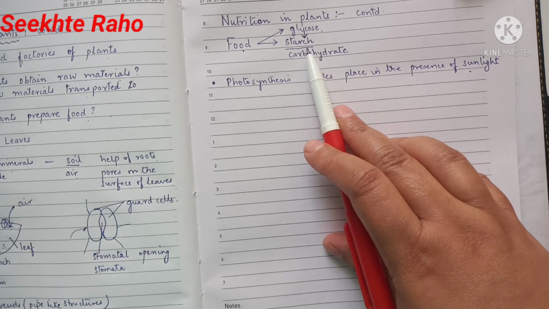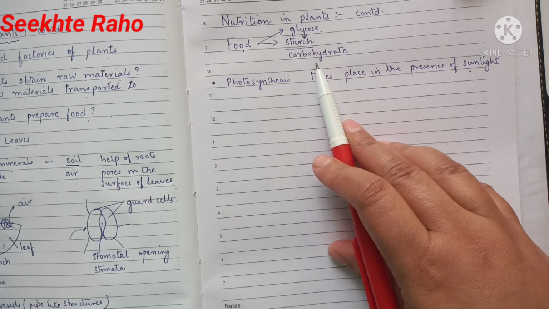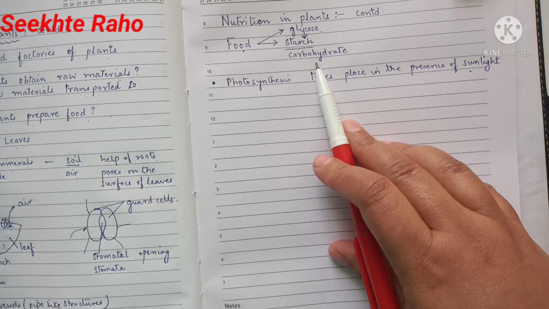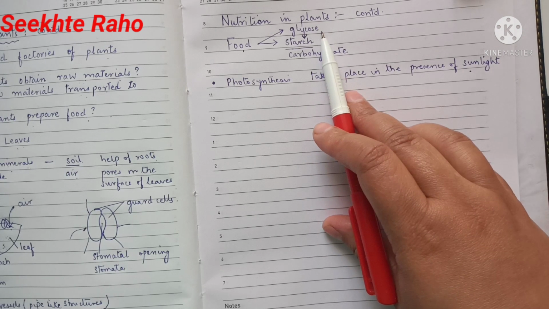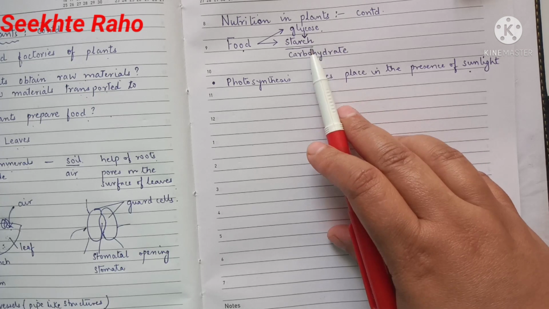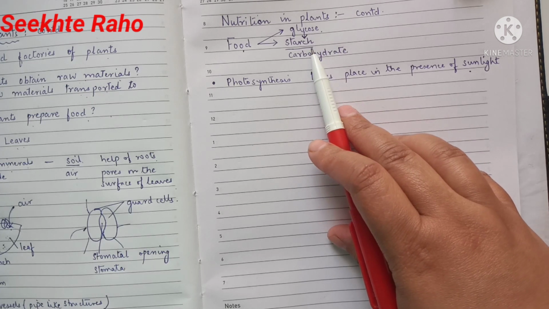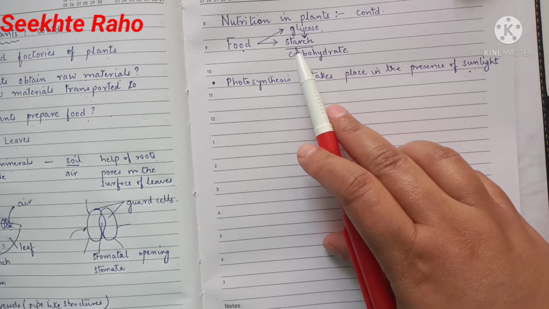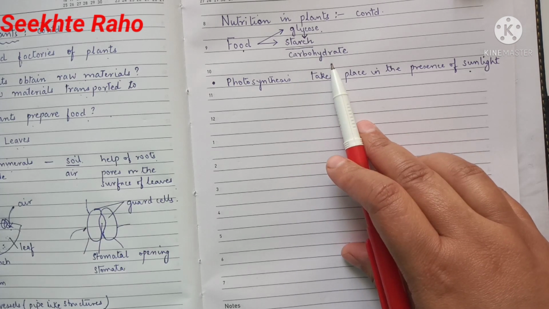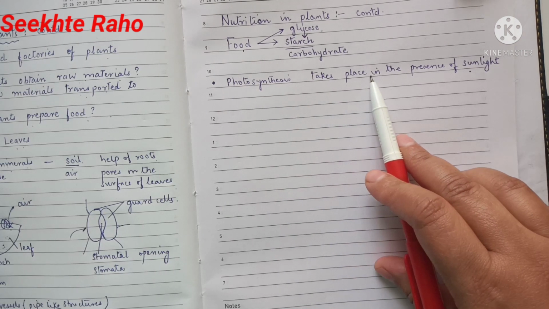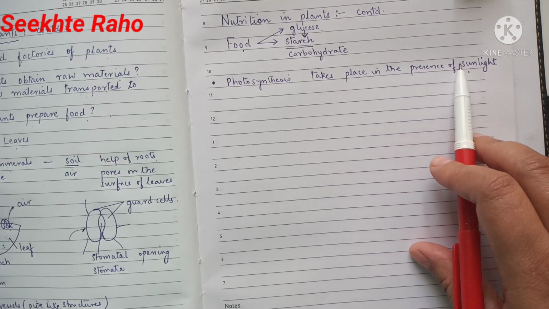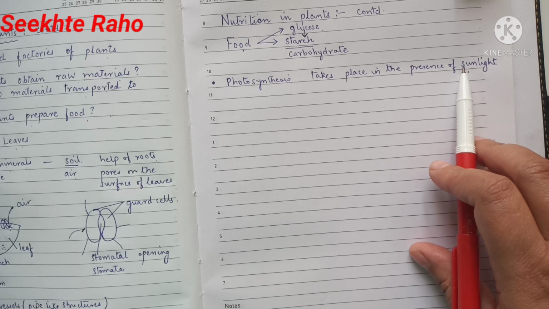Both glucose and starch are carbohydrates. Now we have to prove that photosynthesis takes place in the presence of sunlight with the help of an activity.